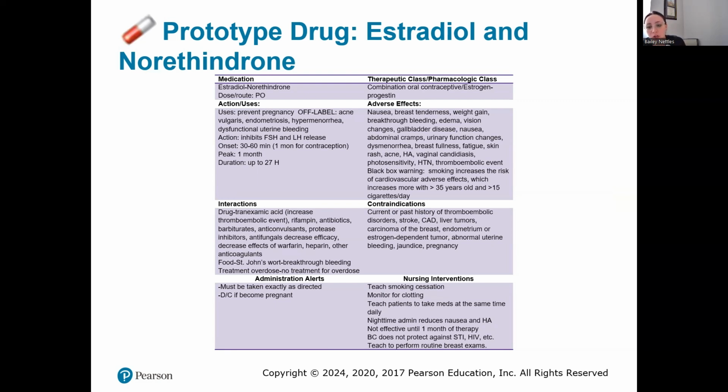So no St. John's wort, and there's no overdose treatment. So contraindications would be history of thrombotic events, strokes, coronary artery disease, liver tumors, any kind of breast carcinoma, endometrium or estrogen dependent tumors, abnormal uterine bleeding, jaundice, or pregnancy.